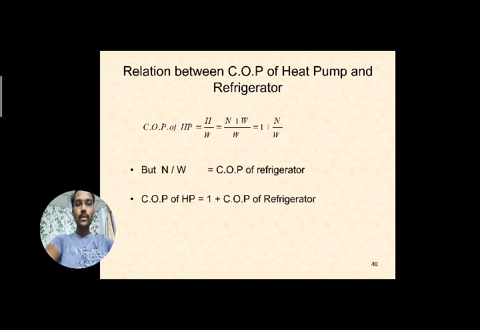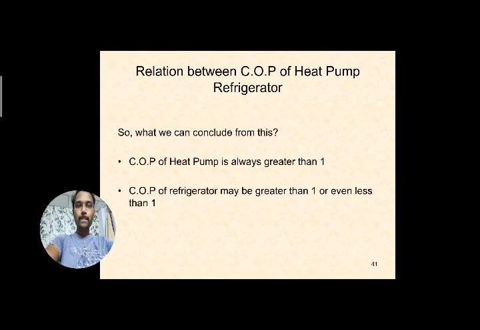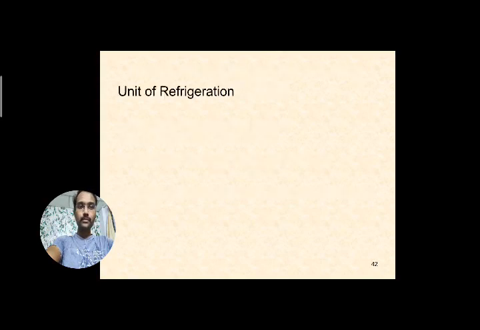We can conclude that heat pump COP is always greater than 1. It is very important to note that COP of heat pump is greater than 1, whereas COP of refrigerator is almost always less than 1, sometimes it may be greater than 1. Compared to that, heat pump COP is always greater than 1.